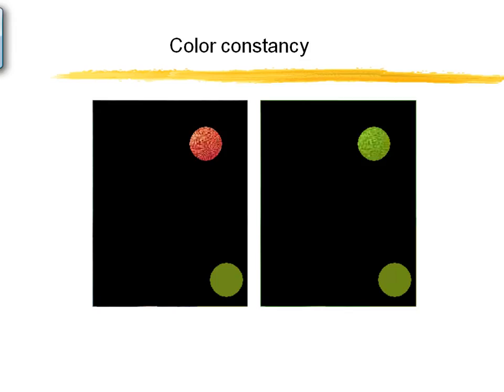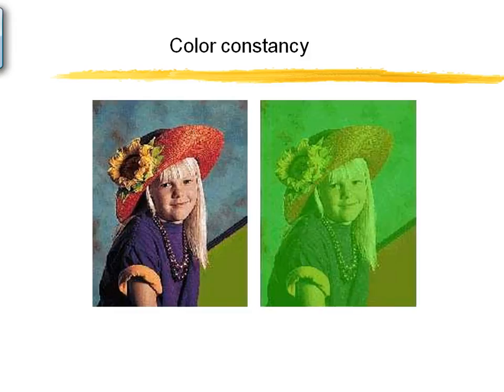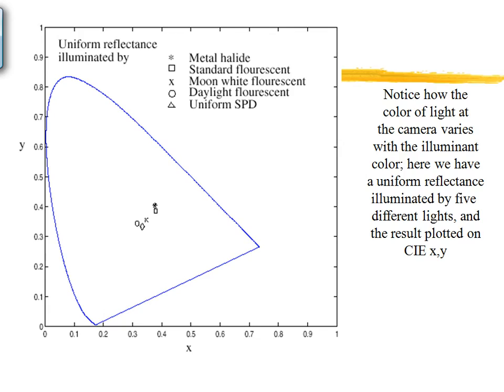So we can perceive some colors, and of course the idea is that objects that have some underlying color should maintain a constancy of that color independent of the illuminant. So how do we actually account for that?